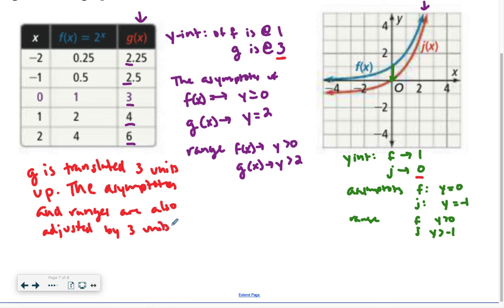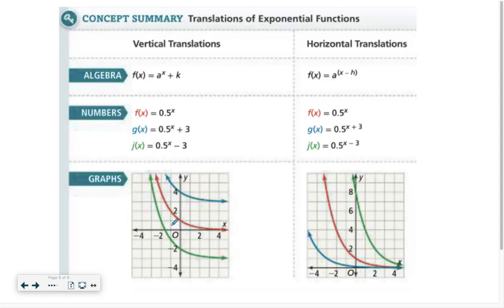Okay, so that's how you kind of go through and you compare. You look at the different intercepts, the different asymptotes, the different ranges, and you see, okay, how are they different, and just kind of highlight those differences. Okay, so if you have any questions about that, please reach out for help.